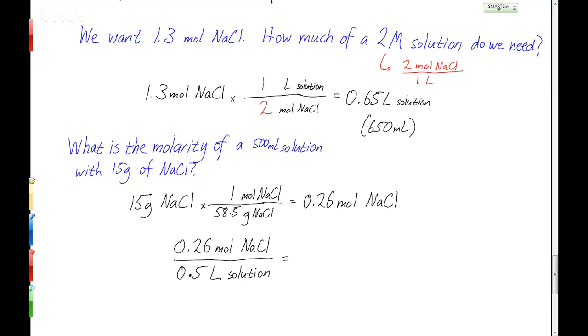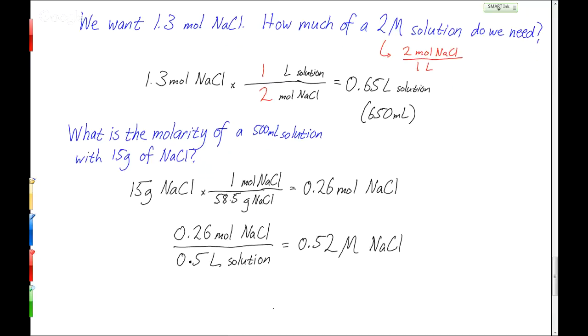So 0.26 divided by 0.5 is going to be 0.52. And so we would say that is a 0.52 molar sodium chloride solution. So make sure you practice these kinds of calculations. It doesn't really get more difficult than that.